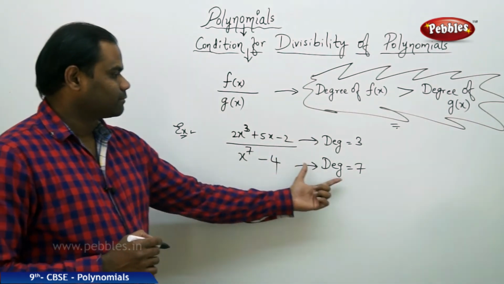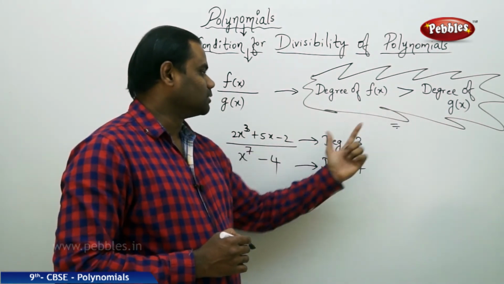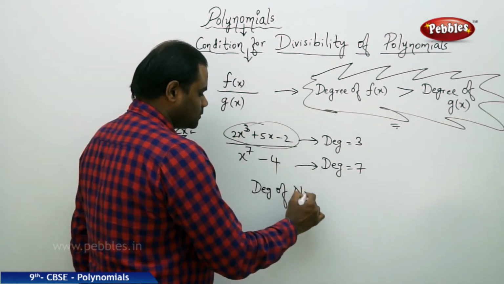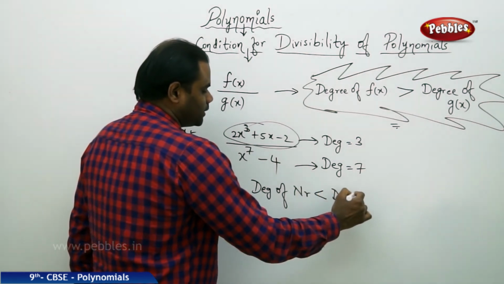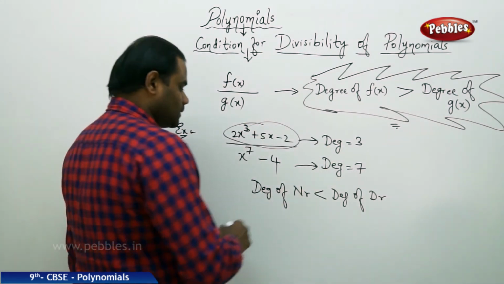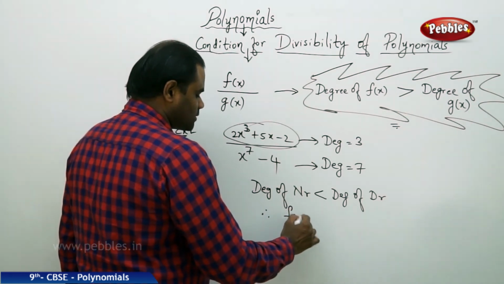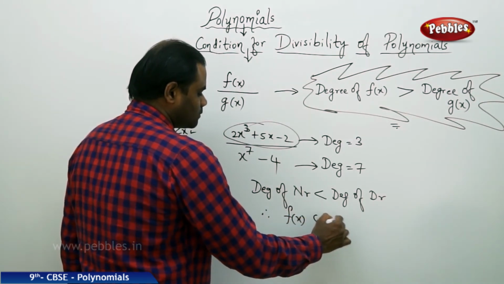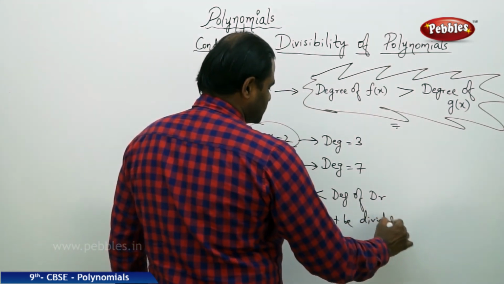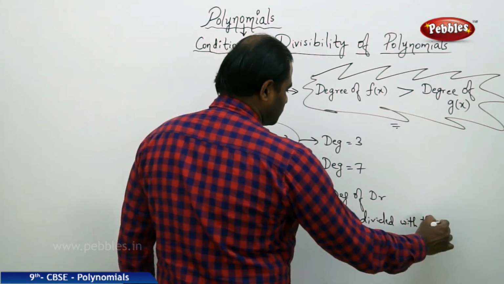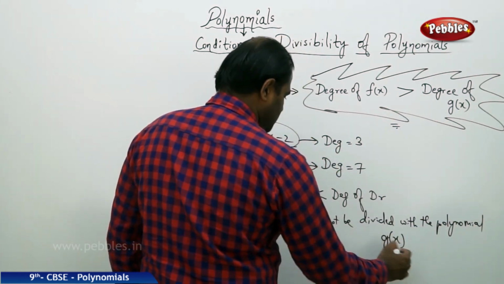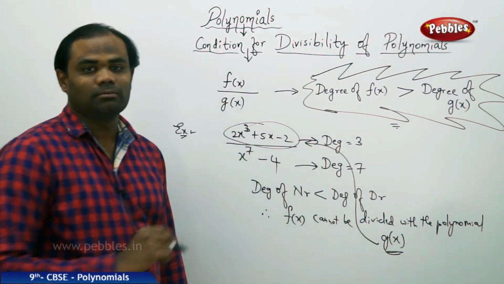Therefore, I don't have my condition satisfied here, because clearly in this case the degree of the numerator is less than the degree of the denominator, in this case 3 less than 7. Therefore, f of x cannot be divided with the polynomial g of x in this example problem.